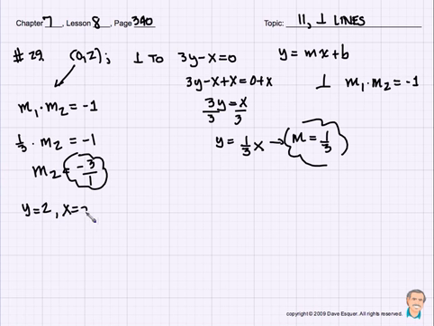We have y is equal to 2. We have x is equal to 0 from this part up here because it goes through (0, 2). The slope is minus 3. We have finally y is equal to mx plus b. So we have m, we have y, we have x. Let's see if we can find b. So this looks like 2 is equal to minus 3 times 0 plus b.